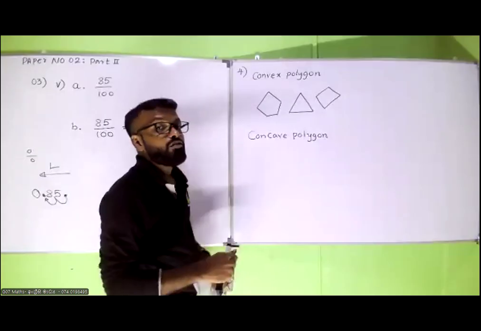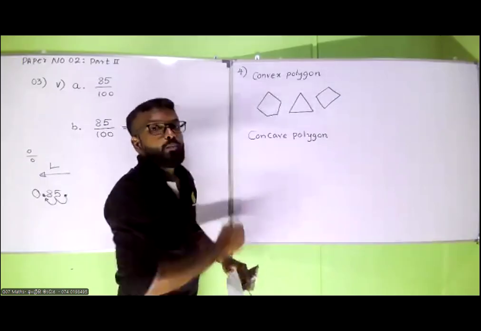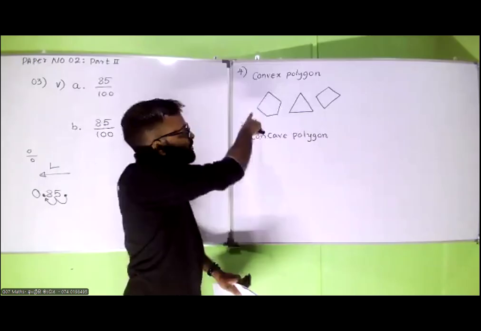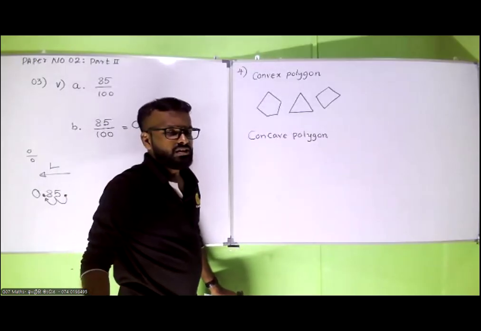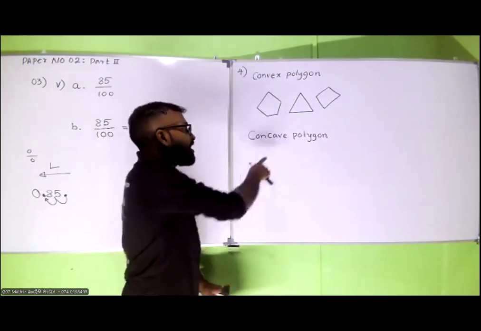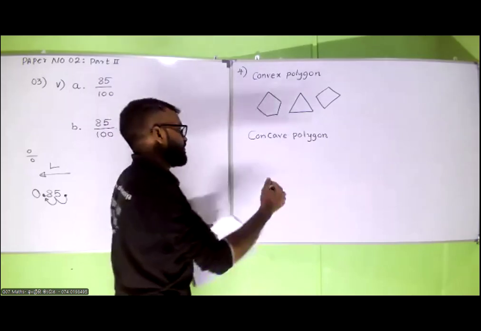There should be a cave inside the polygon. For these polygons, there are no caves, so they are called convex. Here you should have a concave, like this.